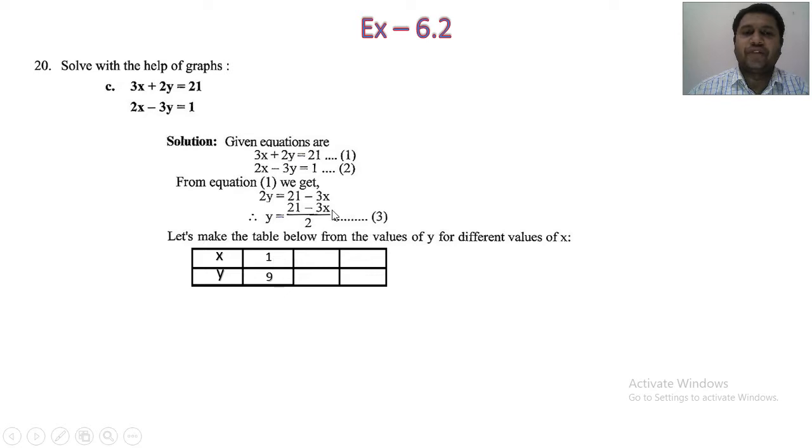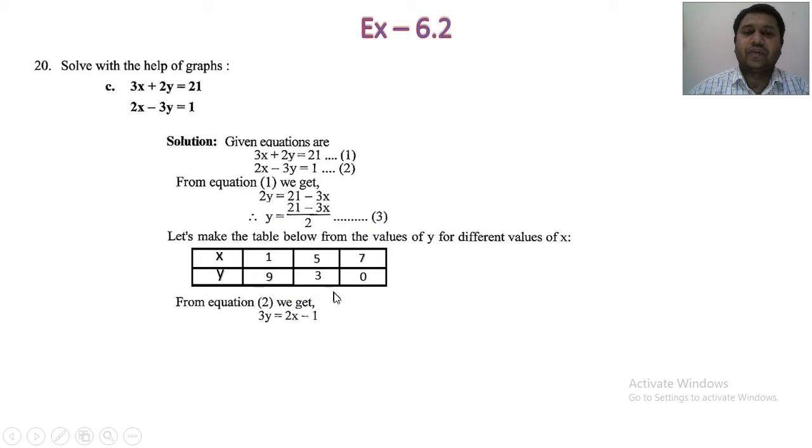So if x is 1, you will get y equal to 9. Similarly, if you put x equal to 5, it will be 3 into 5, 15. So 21 minus 15 equal to 6, 6 divided by 2 equal to 3. Similarly, if you put x equal to 7, you will get 3 into 7 equal to 21. So 21 minus 21 by 2 equal to 0.